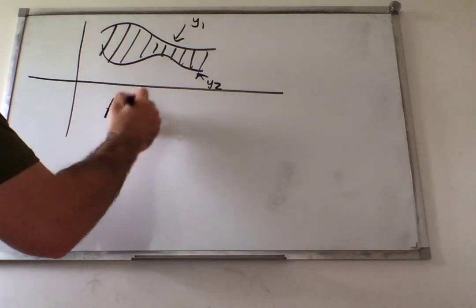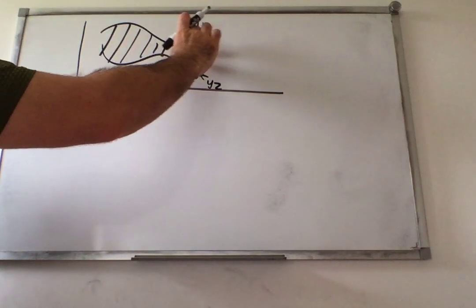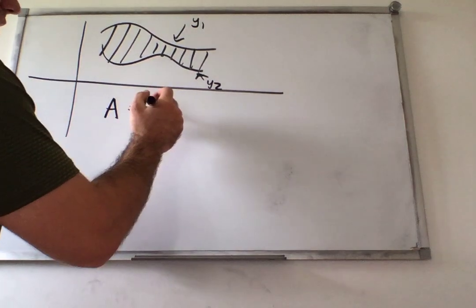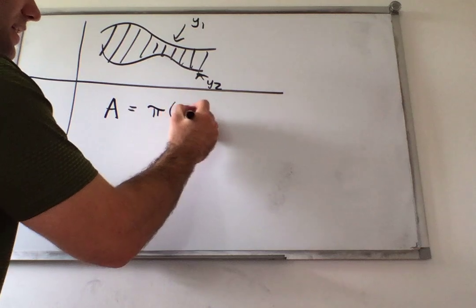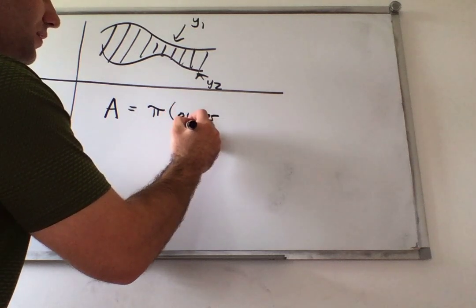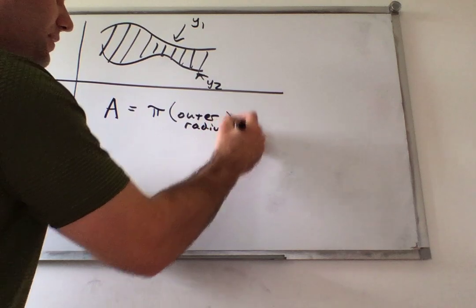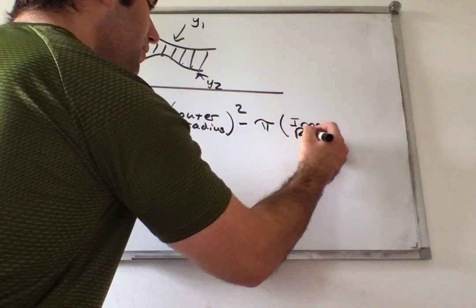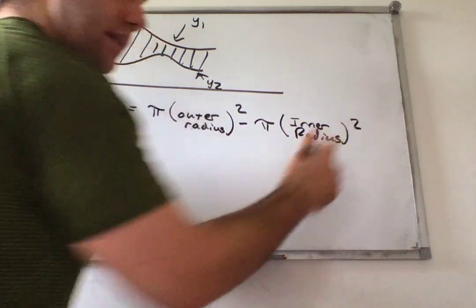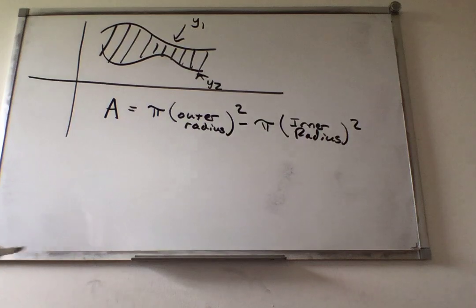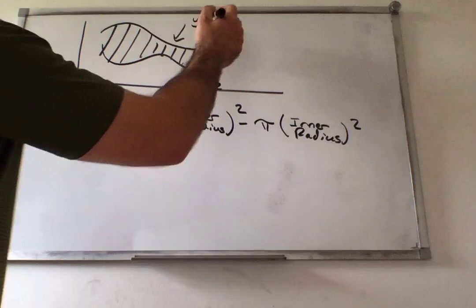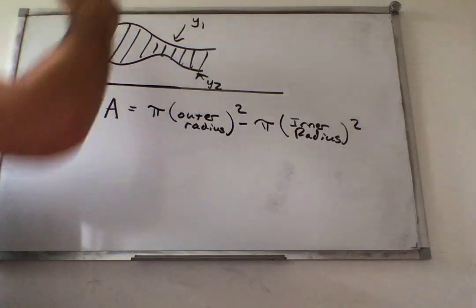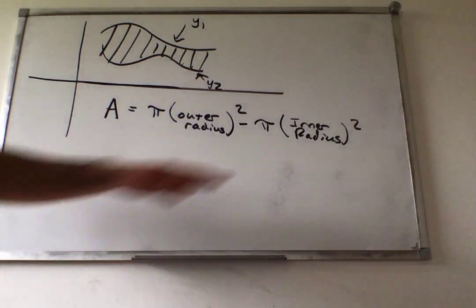So the area in this case, the area of this piece right here, if I were to make a radius, it's going to be pi times the outer radius squared minus pi times the inner radius being squared. The outer radius, so here's my x-axis, the outer radius would be y1. It's further away. It's on the outside. The inner radius is on the inside.